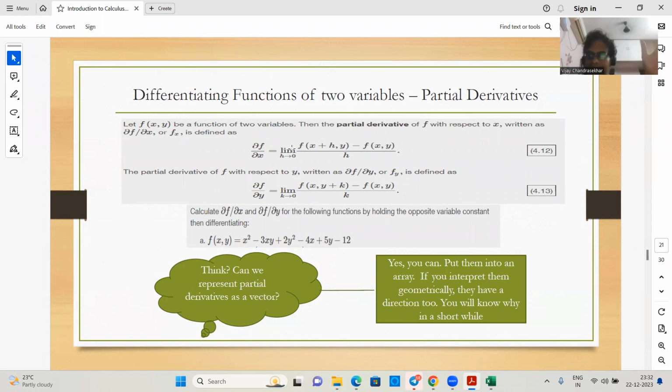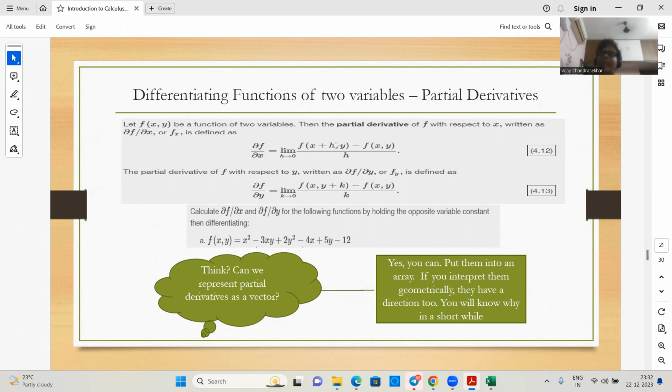We don't change y. We keep y as is. So if you look at it, y remains the same. So initially I start with f of x comma y. I don't change y. I just change x by a small h.